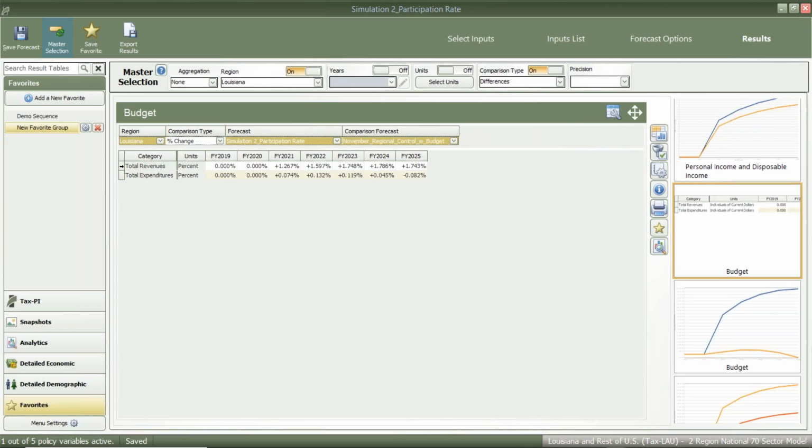From the table, we see the total revenues grow more than 1% in year 2021. So a 1% increase in participation rate will actually create more than a 1% increase in state revenues. This is a very positive impact on the government budget, and we can also imagine positive impacts across all the states as well as the federal level.